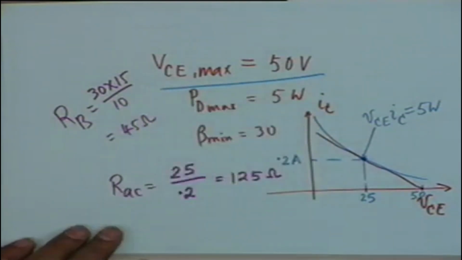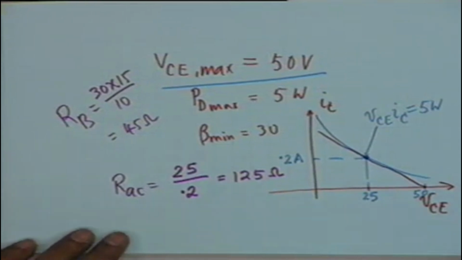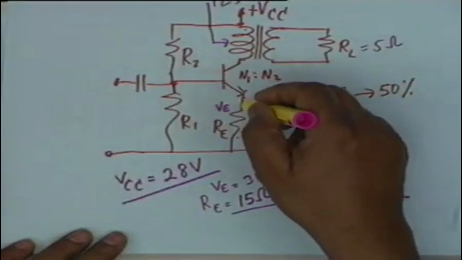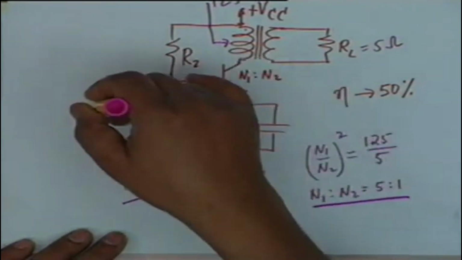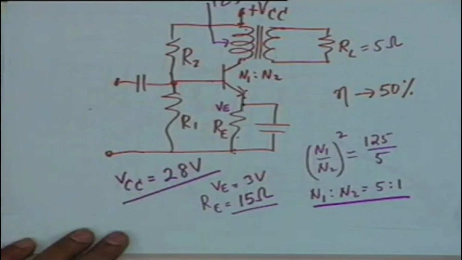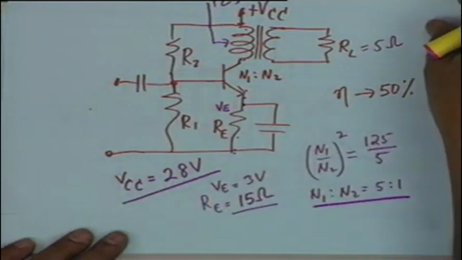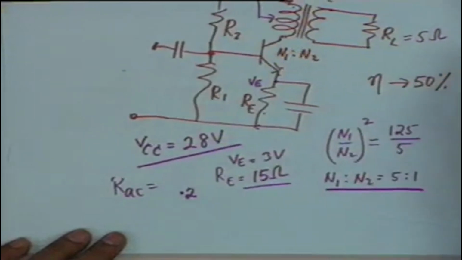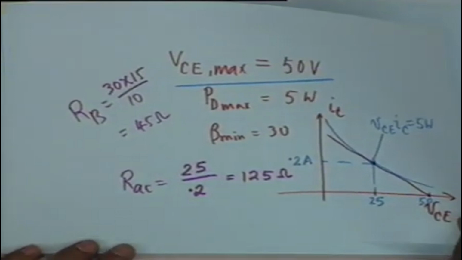All right, and you can calculate VBB from the requirement that VBE is 0.7, this voltage is 0.7, this is 3 volt, so this is 3.7. VBB minus 3.7 shall be equal to IB times RB, and therefore you can determine both R1 and R2. This calculation is routine and I shall not carry this out.